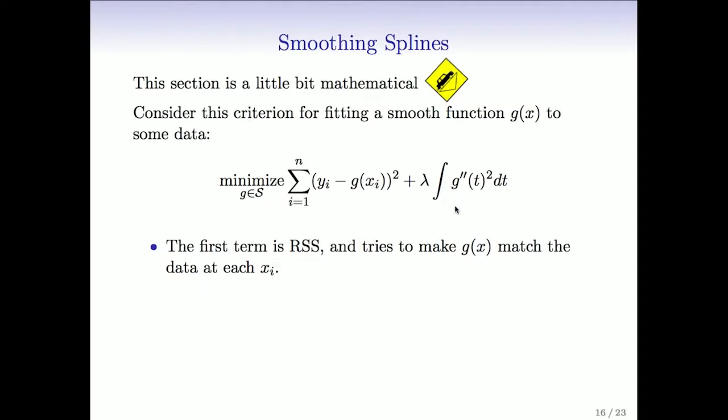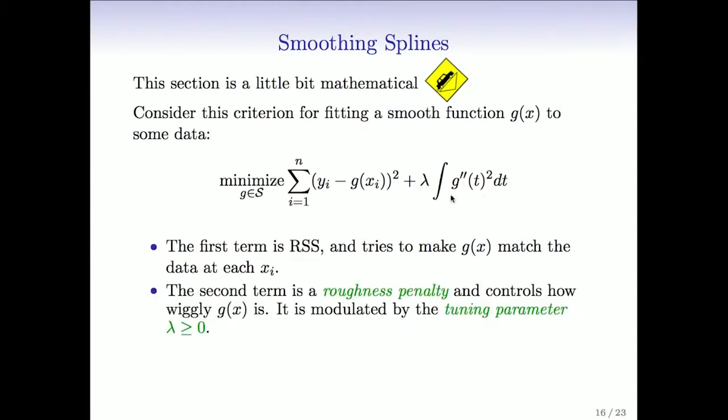Second derivatives pick up wiggles of the function, departures, for example, from linearity. If you square it, it gets rid of the sign, and integrate means add them up. So it adds up all nonlinearities in the function. And this lambda is called the roughness penalty, and it modulates how much of this penalty you're imposing. We call it a tuning parameter, and lambda is greater than or equal to 0.